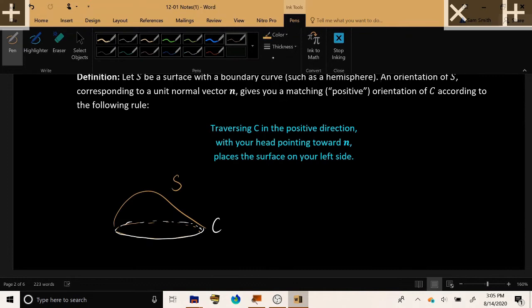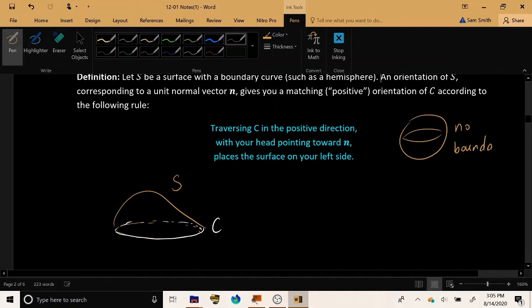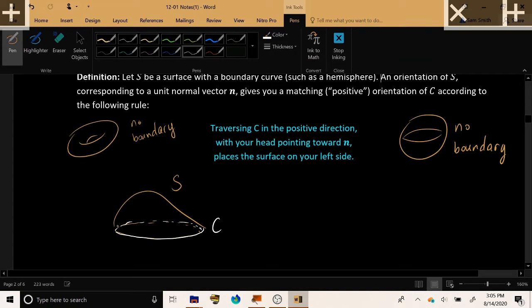Now bear in mind, there are some surfaces without boundary curves. For example, the sphere has no boundary. It doesn't have an edge, it's just one closed surface. As well, something like the torus, our donut from before, has no boundary. But here, this surface drawn below, a hemisphere or something of that general shape, has a boundary curve, which is called C.